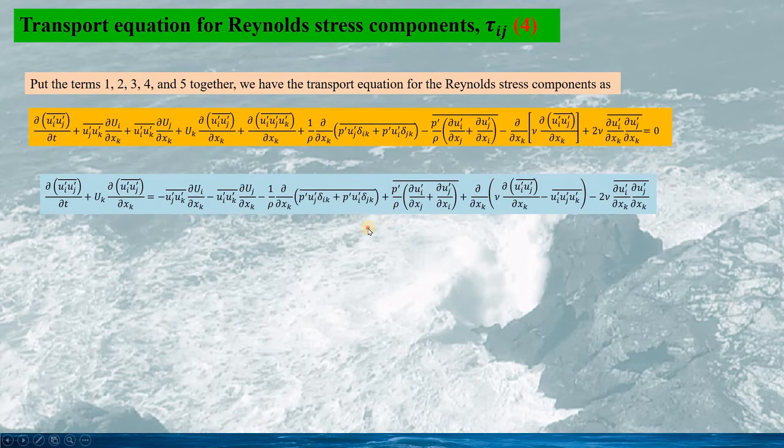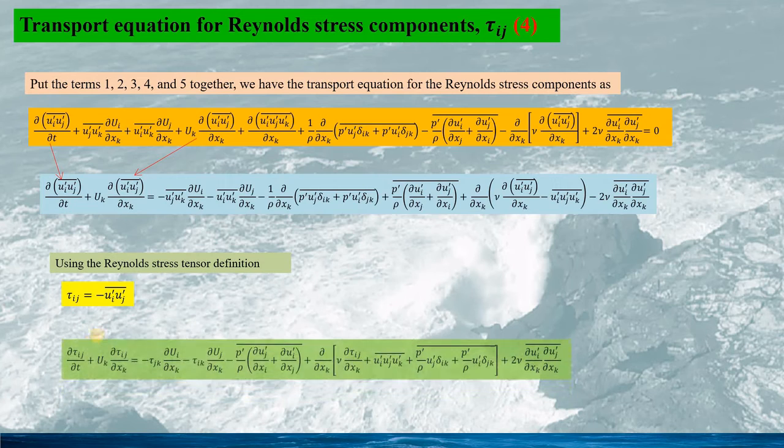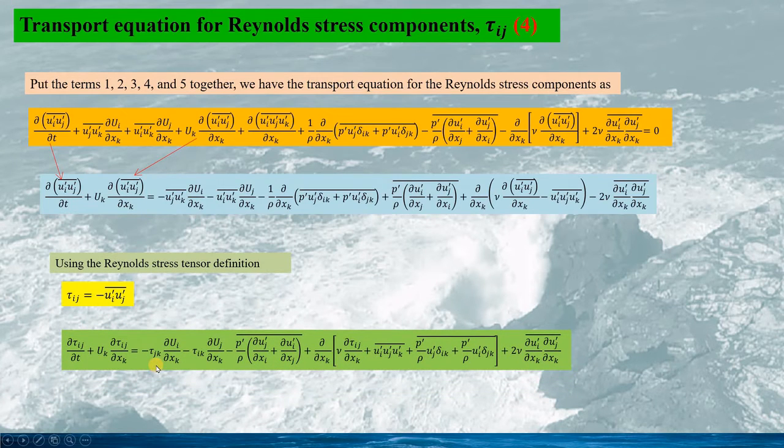We have this, and the two terms on the left-hand side are this, and all other terms we put on the right-hand side. If we use the Reynolds tensor, tau ij equals minus the average of the fluctuating velocities u prime i and u prime j, then we can write the transport equation for the Reynolds tensor as this.